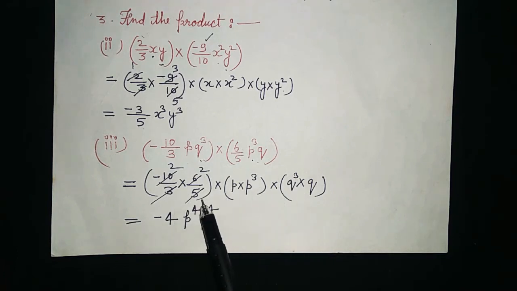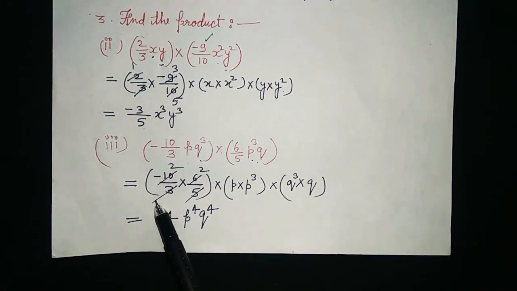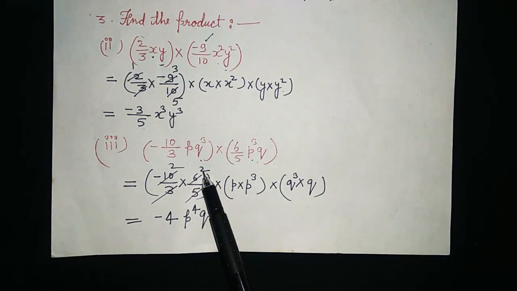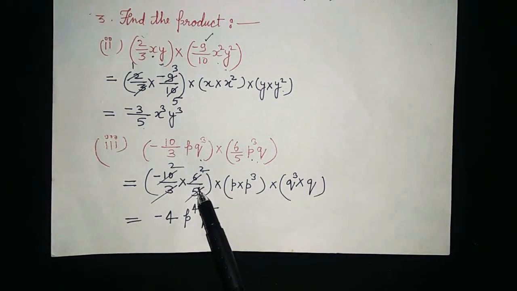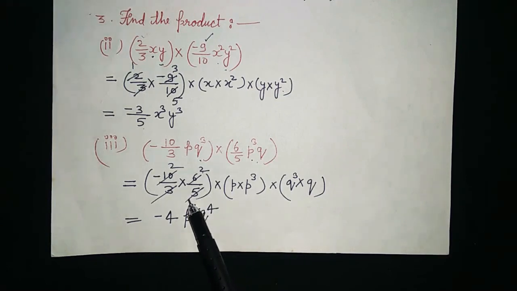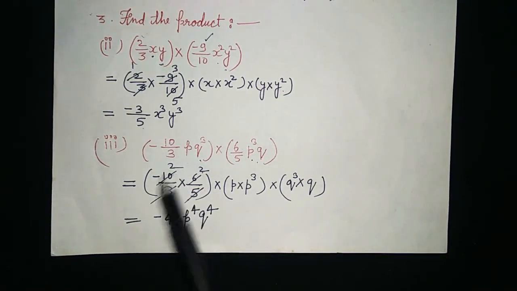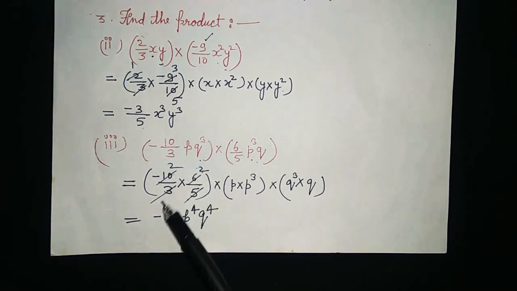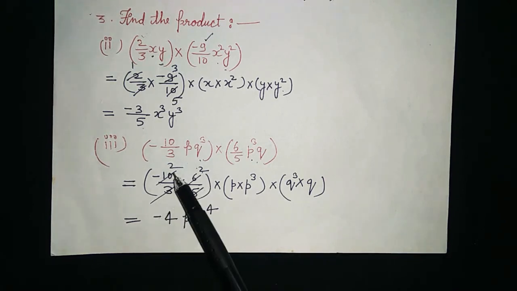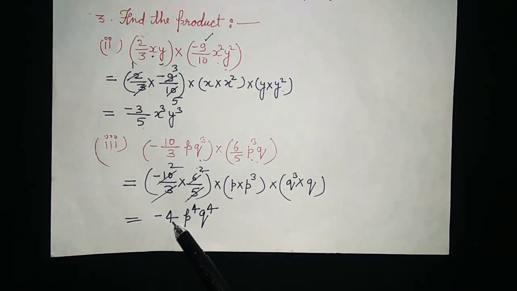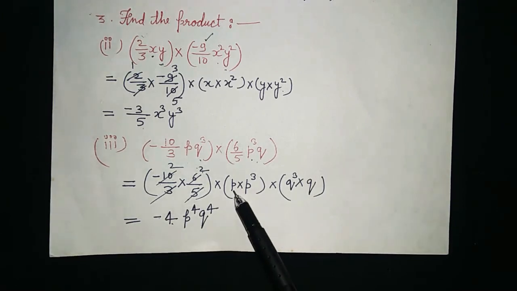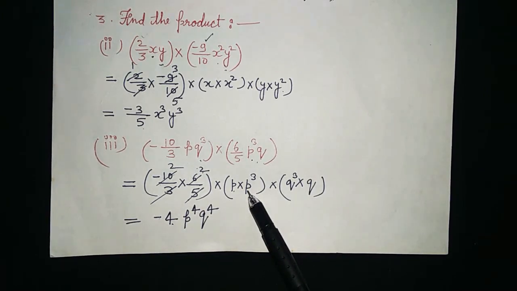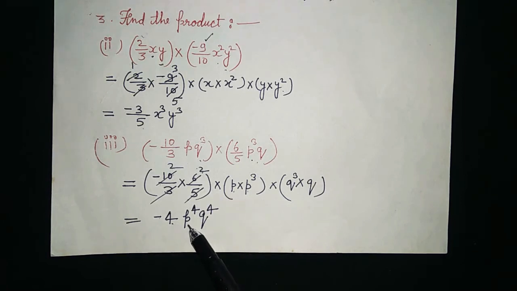Now we will solve it. 3 1s are 3, 3 2s are 6. And here also 5 1s are 5, 5 2s are 10. Now this minus and this plus we will multiply. What will come? Minus, and 2 2s are 4. And p into p cube, if we multiply, we get p to the power 4.